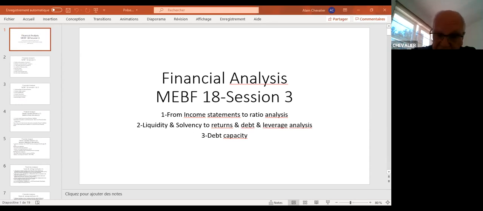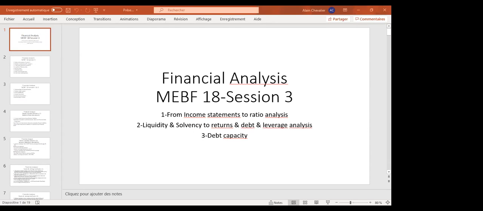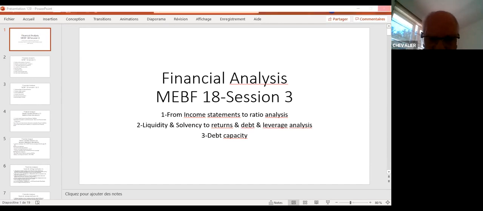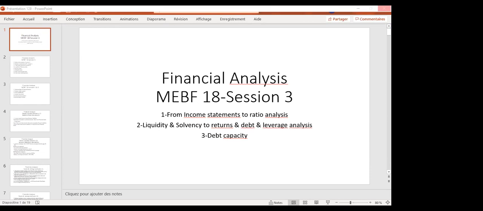Point 5, we went through values, book, market, and a few words also on replacement values. 6, we tried to show and underline the differences between the goals of accounting managers or accounting experts and finance experts or CFOs, and how we connect both approaches, particularly in financial analysis. 7 was the market and book value exercise yesterday, and we said a few words on the price earnings ratio, stability, differences between firms, and connection with growth rates.